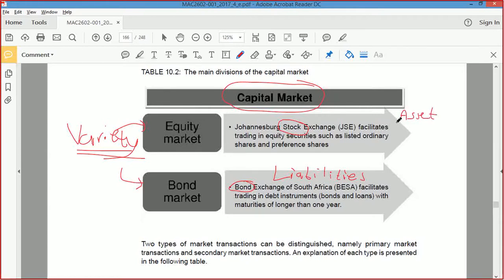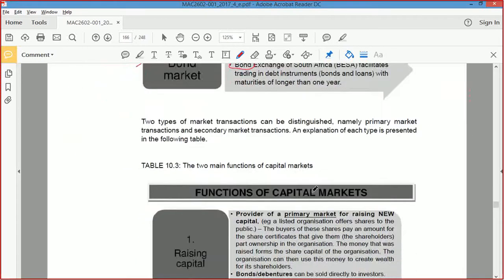Well, they're actually both assets, asset in the sense that it gives a dividend, liability in the sense that it pays interest. But a liability can be seen as an asset depending on perspective. If I buy the bond, then I'm the one getting the interest, so the bond would actually be seen as an asset. Make sense?